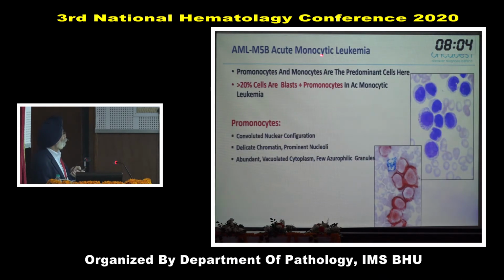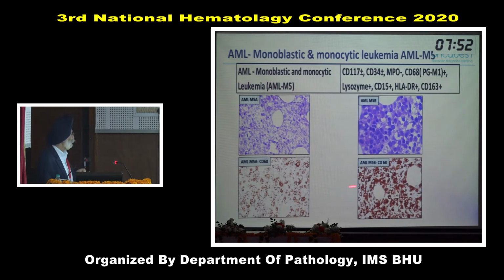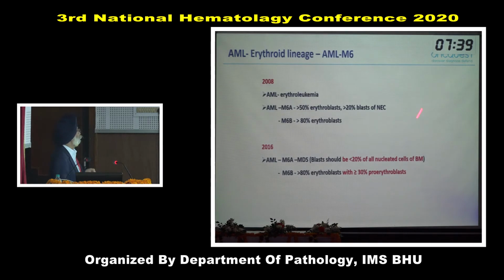And finally you have the monocytic, in which the blasts and the promonocytes are not 80%, but are less than 80% and more than 20%. You find NSC positive, and CD68 is positive on immunohistochemistry. In M5B, more cells are positive because there are more promonocytes and monocytes.